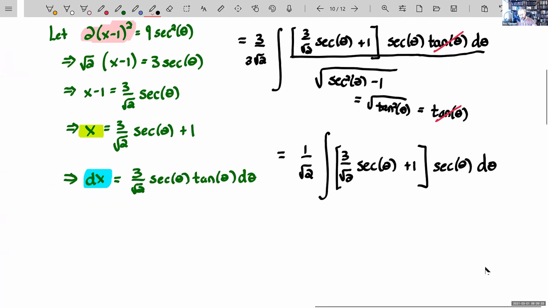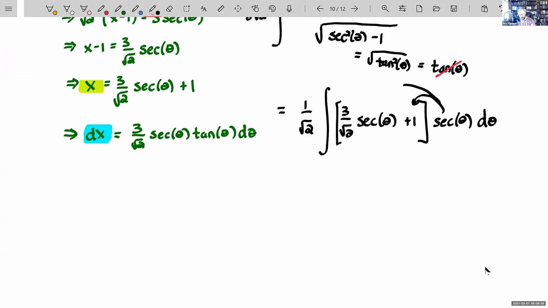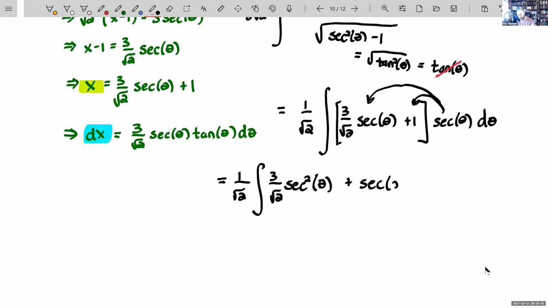Just distribute that secant through, and you get 1 over root 2 times the integral 3 over root 2 secant squared plus secant of theta. We know the antiderivative of secant squared, and we happen to know the antiderivative of secant of theta.